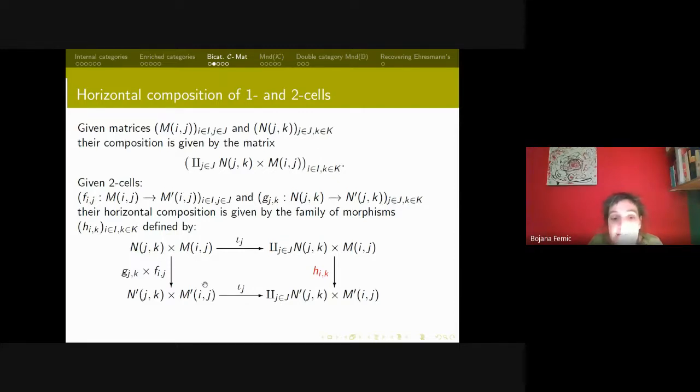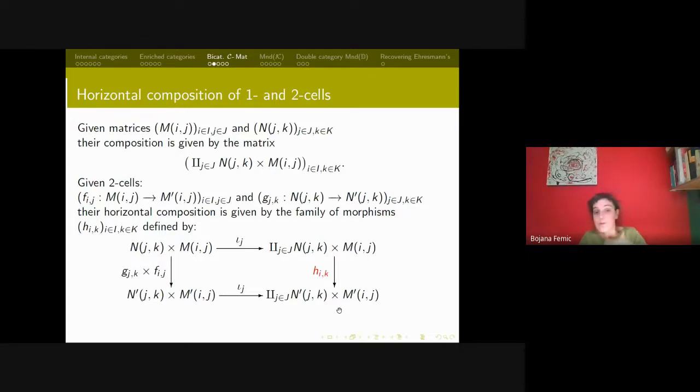Remember that these M's and N's are all objects in C, and C has coproducts. So I do have these coprojections iotas. So I come here, and now this H is given if you give these morphisms here. So I give them by this composition. And then I have the existence of this unique H.